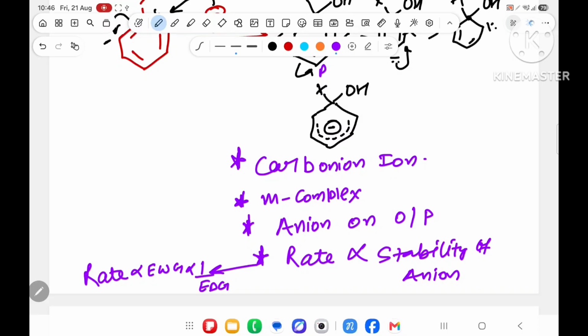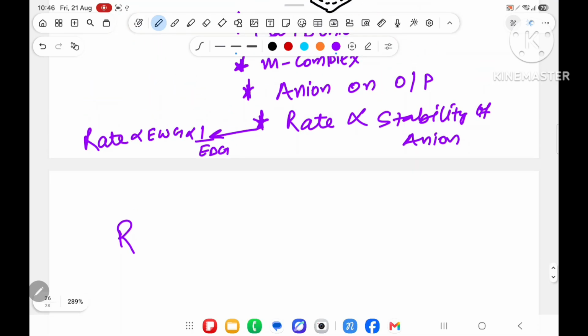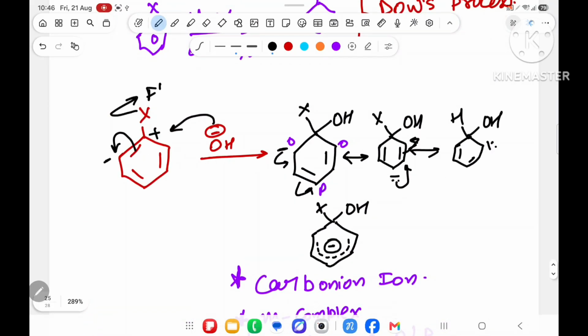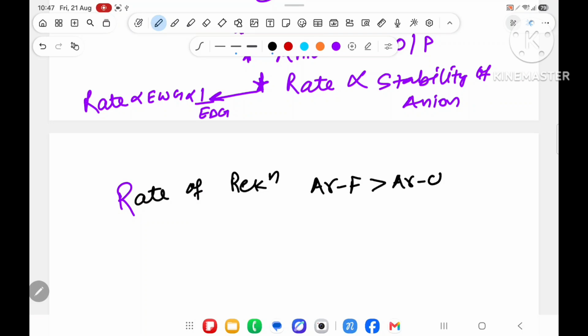Now, you have to understand one more part. If they ask, in place of X, you can take fluorine, chlorine, bromine, iodine. In which case will the rate be more? The rate of reaction for ArF will be more than ArCl, then ArBr, then ArI.